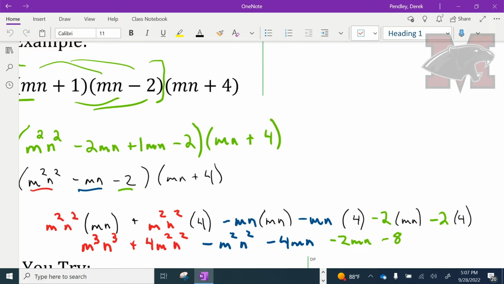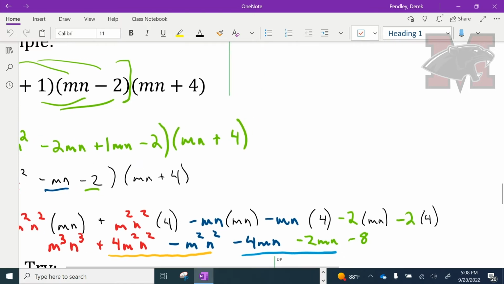So I'm just going to collect like terms. I have these two I can combine. Then I have these two that I can combine. So I have the 4m squared n squared minus m squared n squared. So I have 3 of them. So I'm going to rewrite this as a simplified term.